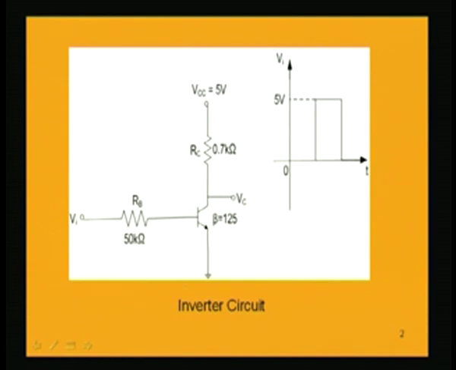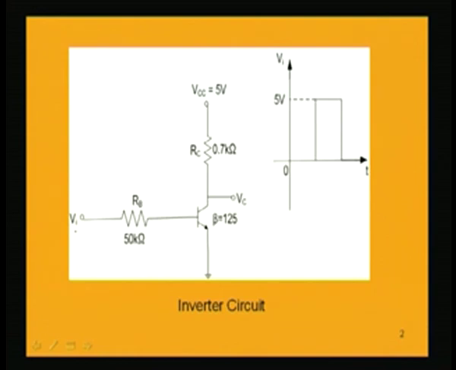Now, the input to this transistor circuit is given as shown here, that is, between 0 and 5 volt. Mind that we do not have a DC biasing voltage here, but we are using a time varying signal between 0 and 5 volt at the input of this transistor.